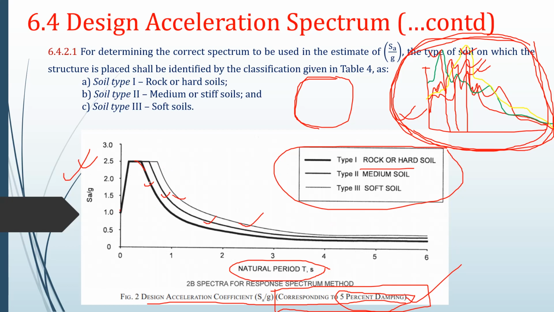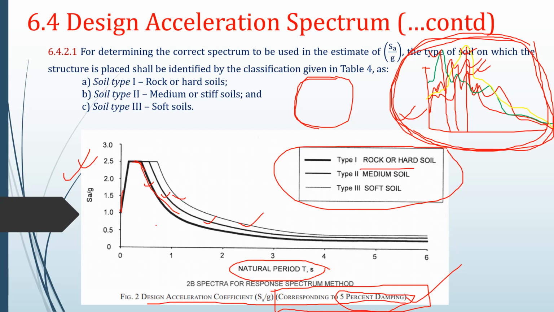You see that for hard soil, or for this rocky or hard soil, the buildings having the lower time period or higher frequency are more susceptible to this rock or hard soil condition, because you can see here this graph represents a rocky or hard soil.